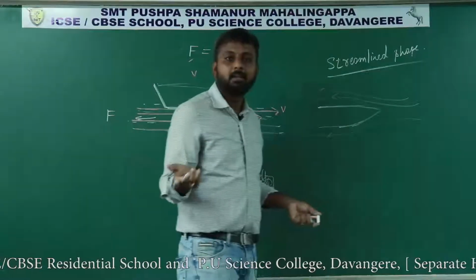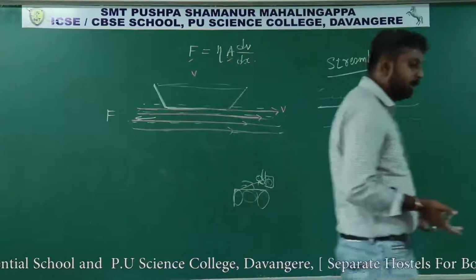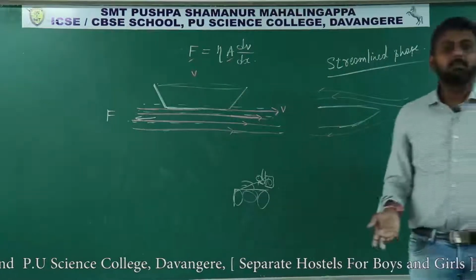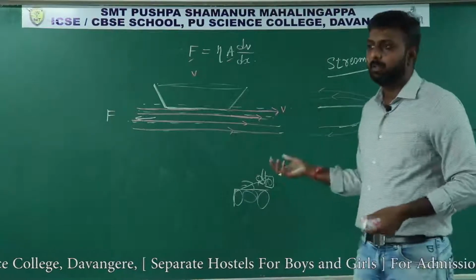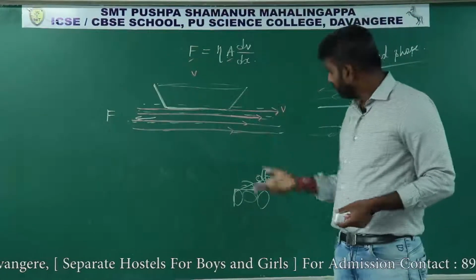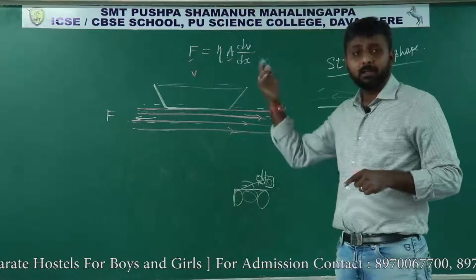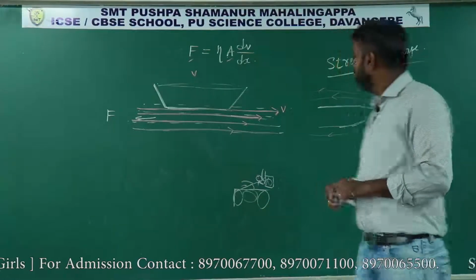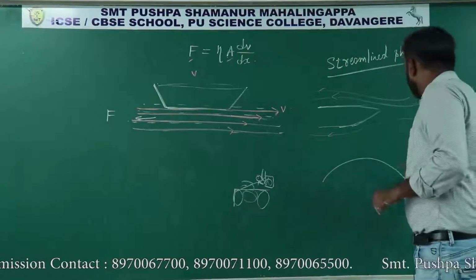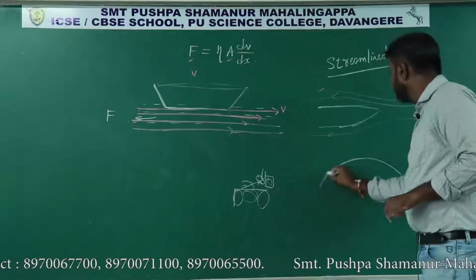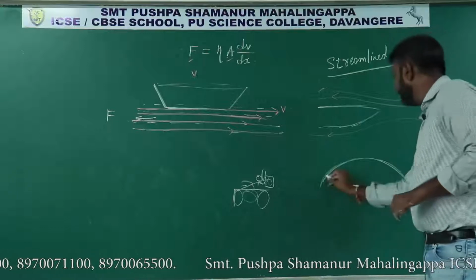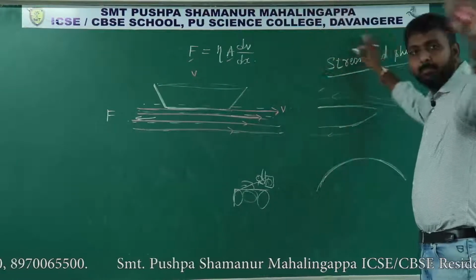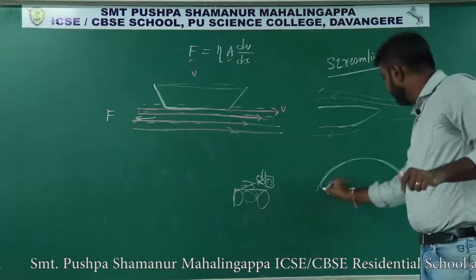Both results are the same, right? So how will he jump? If he has a parachute, he will suddenly open that parachute and finally land safely on the ground. So in the parachute case, what happens? The area becomes more.